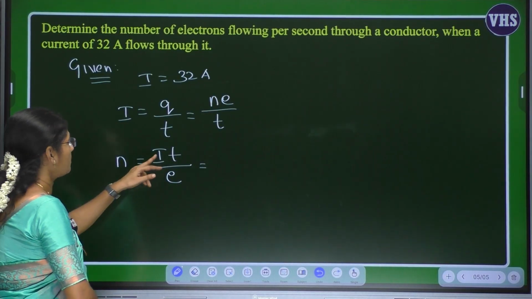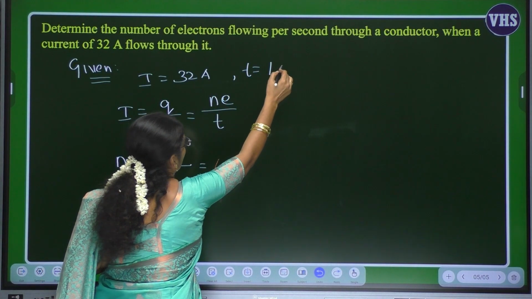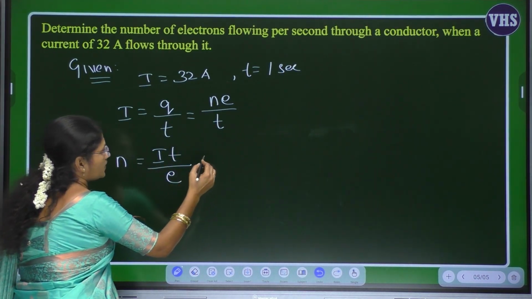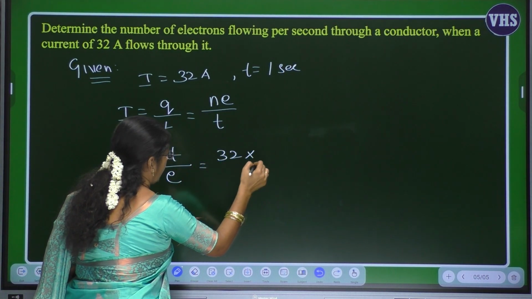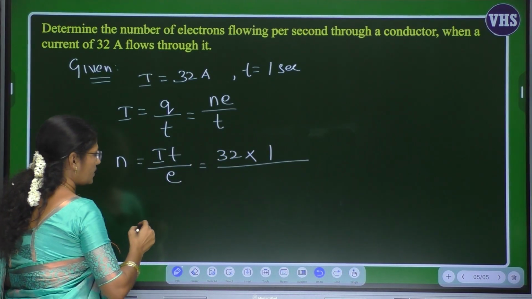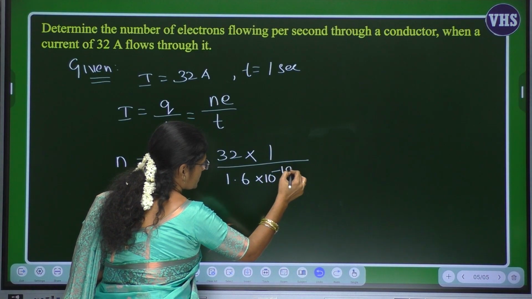Okay, clear? Since the time is given as per second, the value of t is 1 second. Okay, clear? So the value of I is 32 and what is the time value? 1, divided by what is the electron charge? 1.6 into 10 to the power of minus 19.